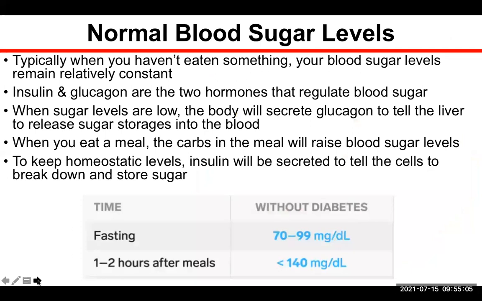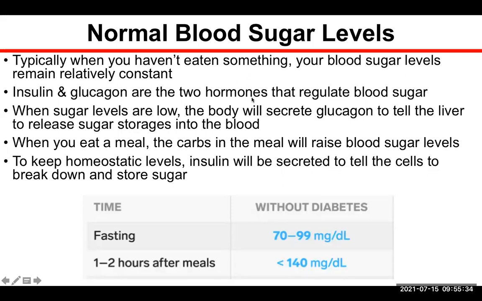So you want to keep homeostatic levels of sugar in your blood. Again, I'm going to emphasize multiple times, your body needs sugar to live. There are more biochemical pathways to synthesize sugar than there are to make fat or protein. The amount of sugar in your blood is going to be regulated by two main hormones, insulin and glucagon.